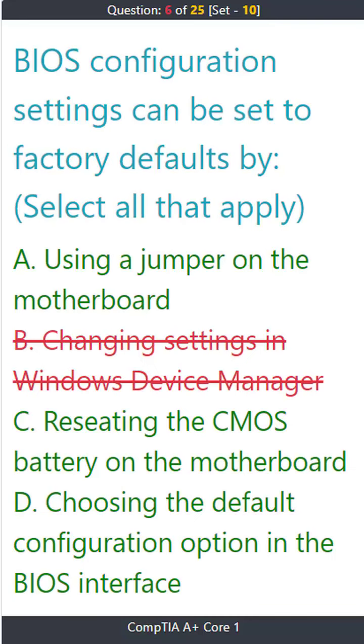The correct answers are A. using a jumper on the motherboard, C. resetting the CMOS battery on the motherboard, D. choosing the default configuration option in the BIOS interface.